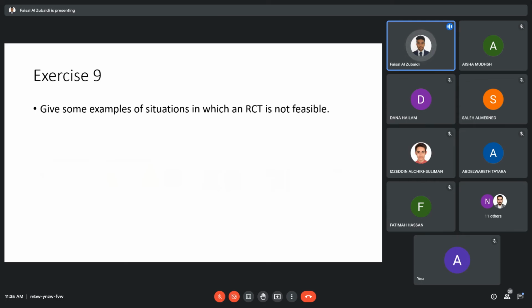Those who have a problem with the mic can write in the text box. Aisha, yes. Can you give me an example of when we cannot have an RCT?